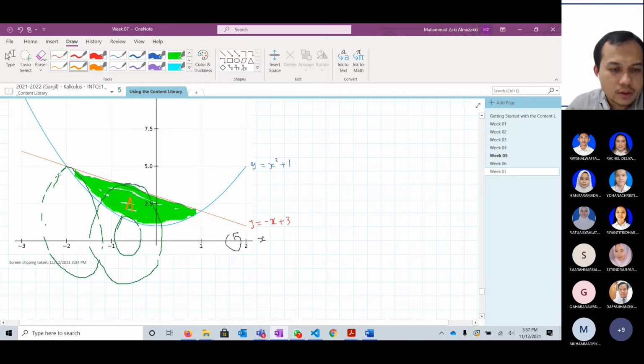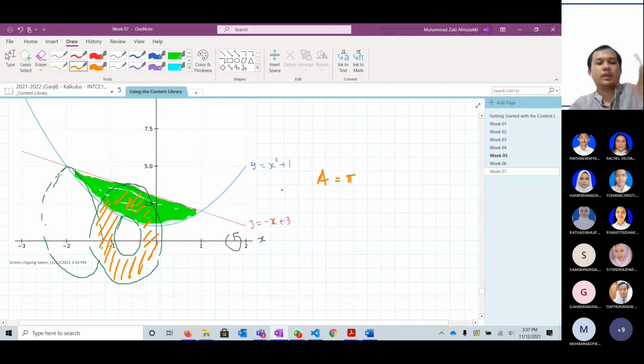If we want to compute this area A, this area is actually pi times r squared. This orange is basically this donut, but only a plate, only some kind of ring.